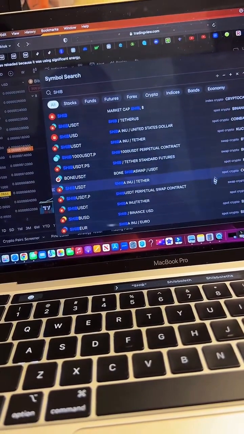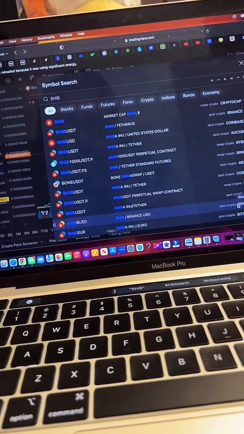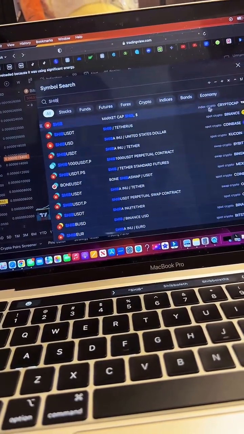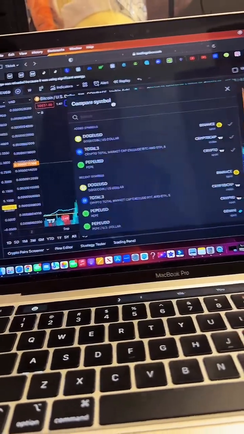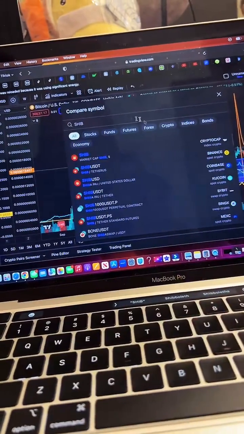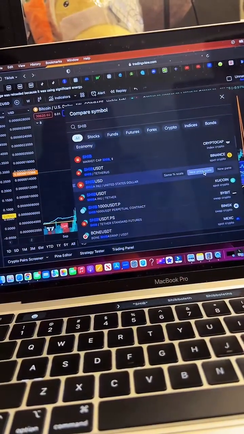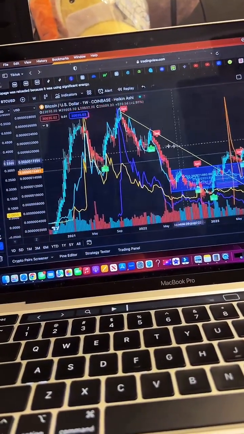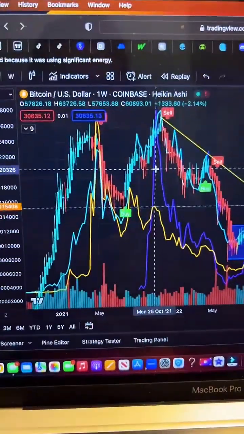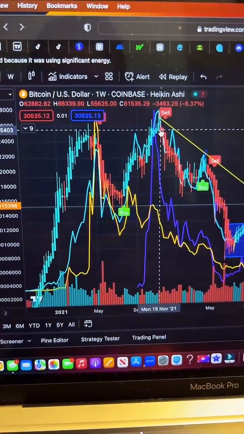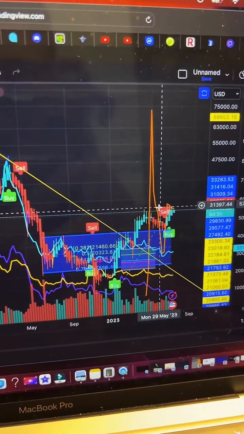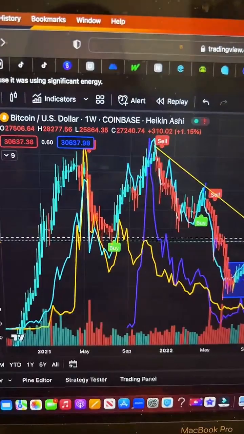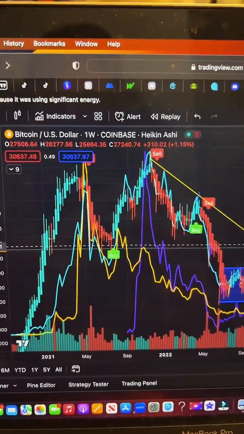Wrong, I need to click this button. Hold on. Oh, look, the purple line. There's SHIB right at the top of the market. Here's Pepe right at the top of the market. Do you think that's a coincidence? Do you think that's just a coincidence?